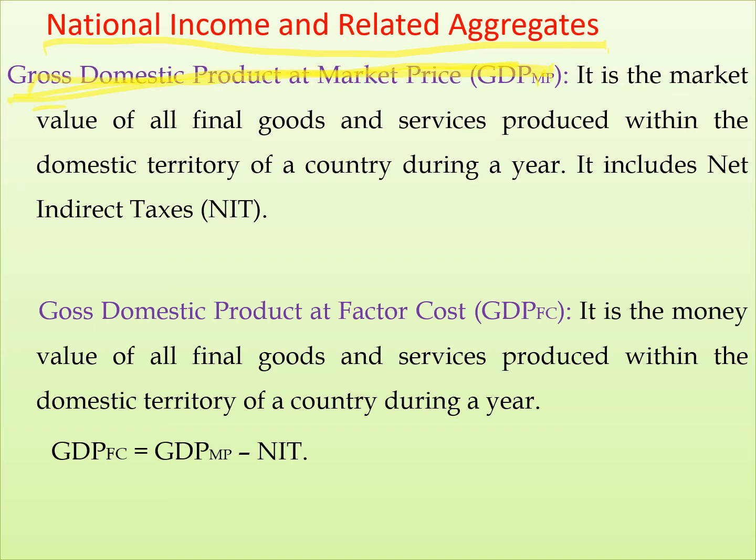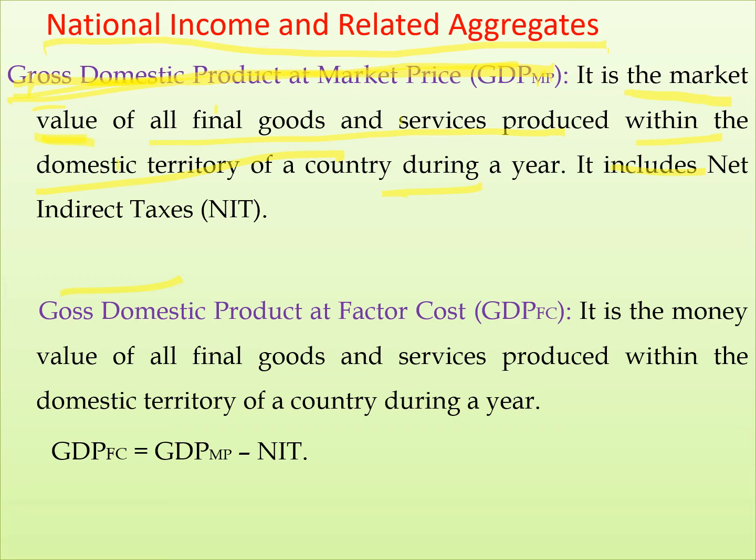It is the market value of all final goods and services produced within the domestic territory of a country during a year. It includes net indirect tax. As we already saw, all the terms like final goods and services, domestic territory, net indirect tax. So the main thing is the market value of all final goods and services.